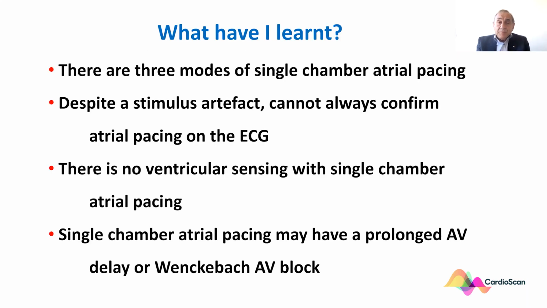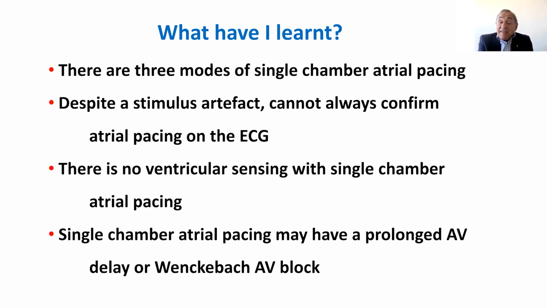So what have I learned? There are three modes of single chamber atrial pacing. Despite a stimulus artifact, you can't always confirm atrial pacing on the ECG. What I mean by that is you have to see the P wave before you can be sure about this. There is no ventricular sensing with single chamber atrial pacing.